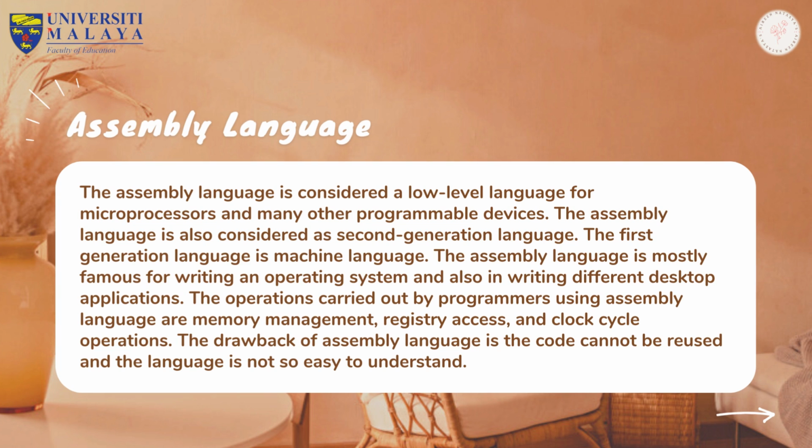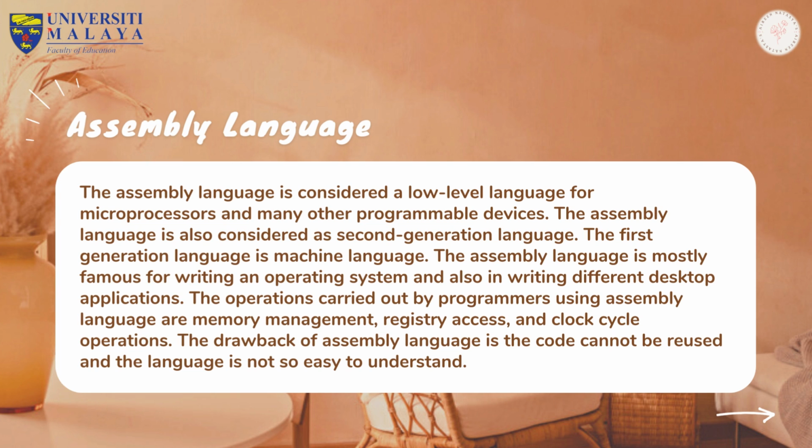It is considered a low-level language for microprocessors and many other programmable devices. The assembly language is also considered a second-generation language. The first-generation language is machine language. The assembly language is mostly famous for writing an operating system and also in writing different desktop applications.